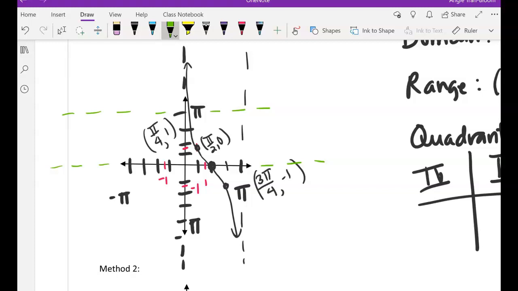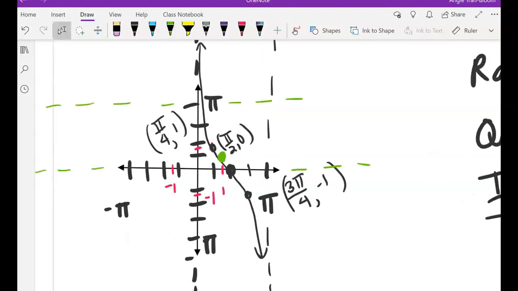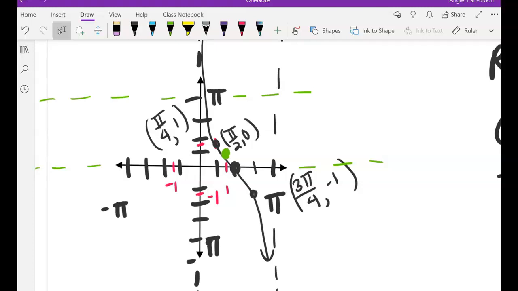Pi over 4 is the first tick mark. So that's 1 comma pi over 4. Where's dot number 2? 0, pi over 2. So pi over 2 is on the y-axis now. Would you guys agree? Last dot. -1, up to 3 pi over 4. In my case, that's my third tick mark on the y-axis. And I'm going to try to graph that out.